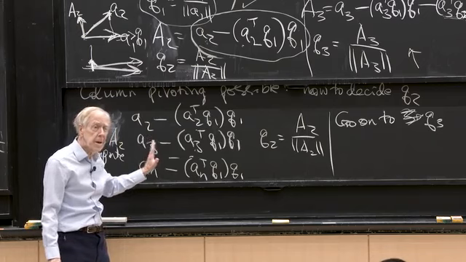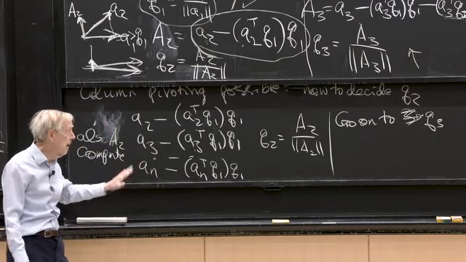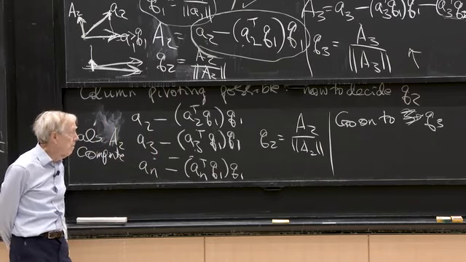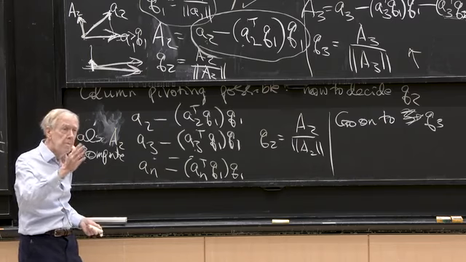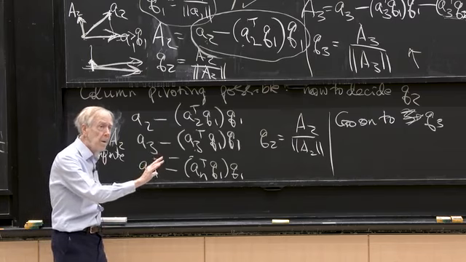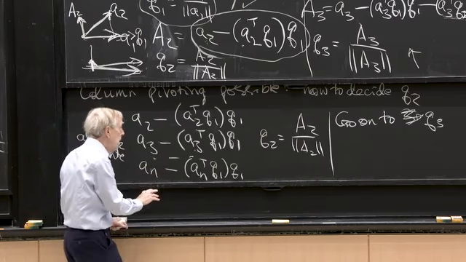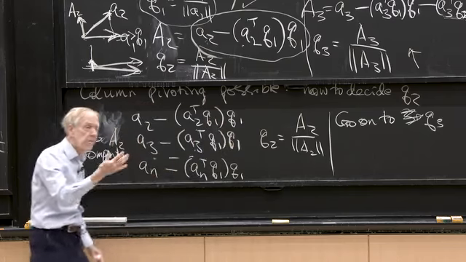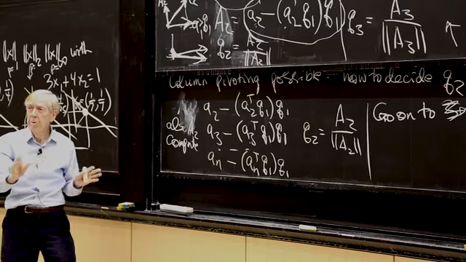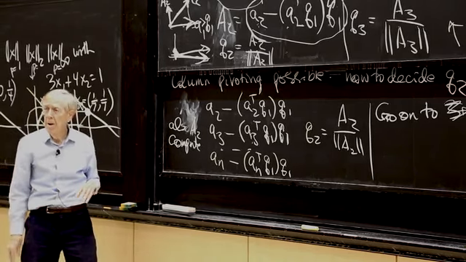So let me say it again, and then I'll leave that with you. How do I get Q3? I've fixed 2 columns, maybe not necessarily the first 2, but 2 Qs are set, and I'm looking for the next one.